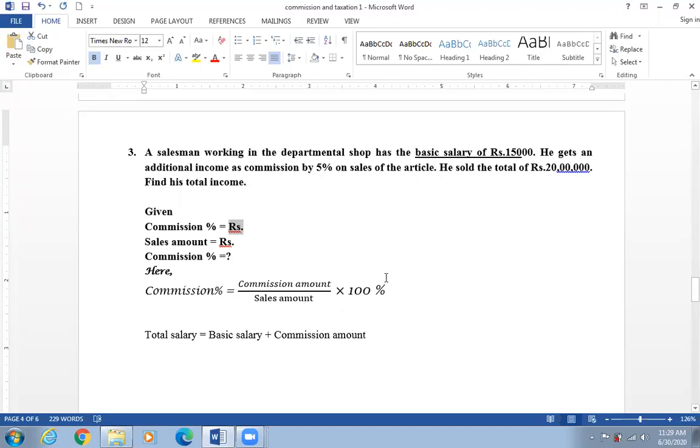What is the commission percentage? 5%. And what is the sales amount? How much you have sold? 20 lakh rupees. It is 20 lakhs, my dear.